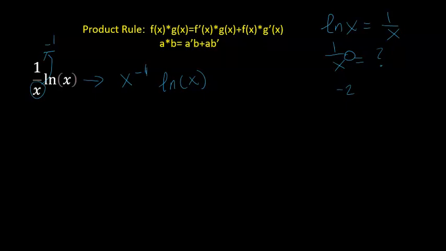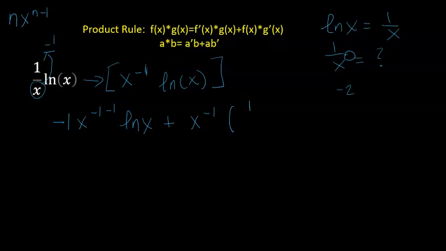So now that we have this set up, it doesn't look like the derivative would be ln x anymore, right? Now it looks like I can just go ahead and follow the formula I've been using, which was n x to the n minus 1, which would be negative 1 times x to the negative 1 minus 1 times ln x, right? Plus, I keep that exactly as it is, and then I find the derivative of ln x, which is 1 over x.